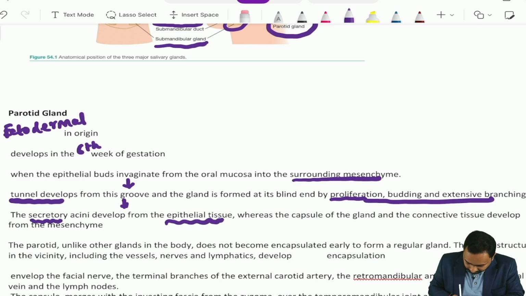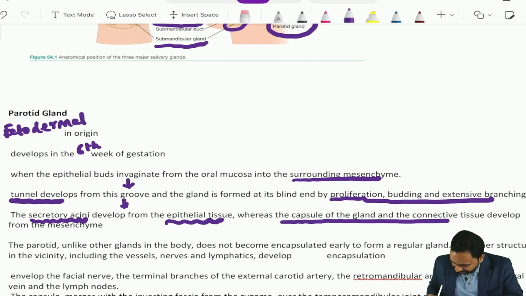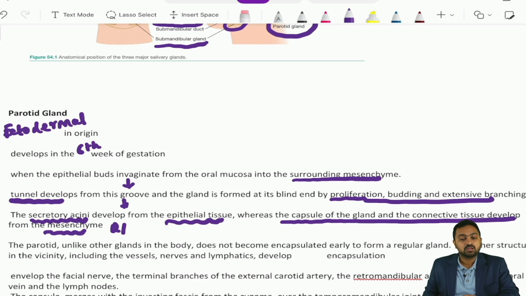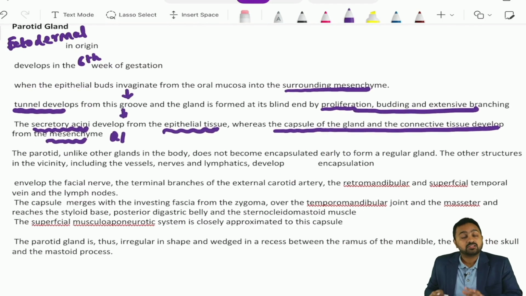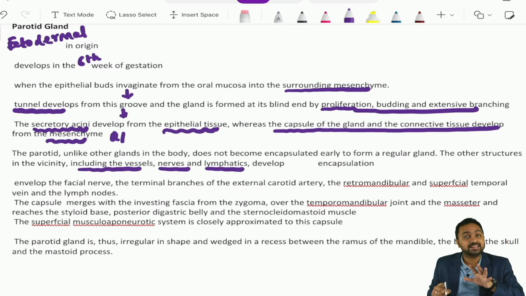Please remember that your secretory acini develop from the epithelial tissue, whereas the capsule of the gland and the connective tissue develop from your mesenchyme. Now, parotid, unlike other glands in the body, does not become encapsulated early to form a regular gland. The other structures in the vicinity, including the vessels, nerves and lymphatics, develop before encapsulation.